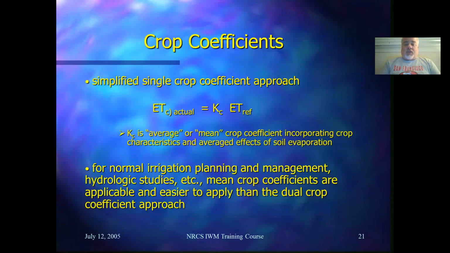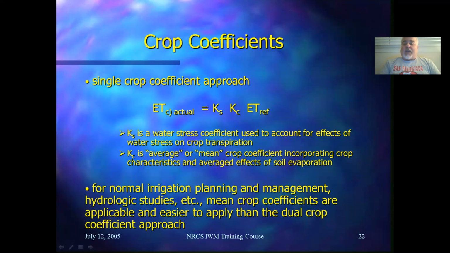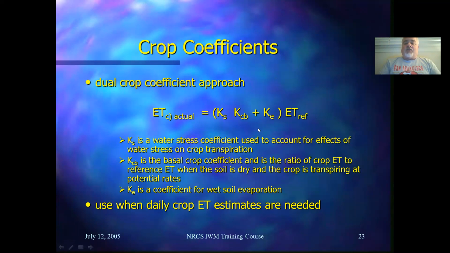So you can have the stress included in the crop coefficient, or you can separate out your crop coefficient and the crop stress coefficient into two separate things, but you still have only one true crop coefficient. And there are models with dual crop coefficients, but don't worry about it. It does complicate things a little bit. It can be more accurate in some situations.